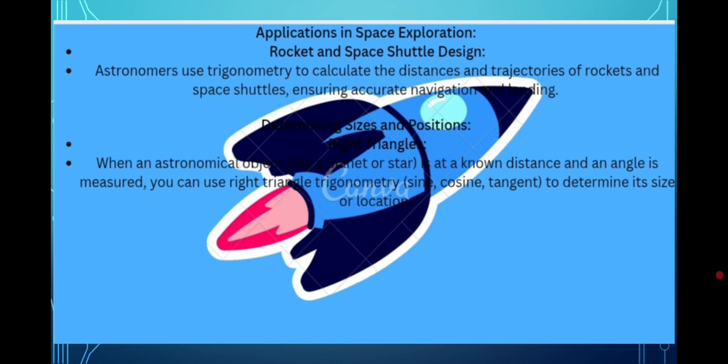Astronomers use trigonometry to calculate the distances and trajectories of rockets and space shuttles, ensuring accurate navigation and handling. Trigonometry helps calculate the distance and angles of the rocket, how the rocket is launched toward another planet, and the trajectories of rockets and space shuttles.